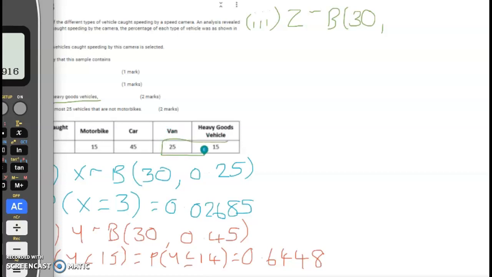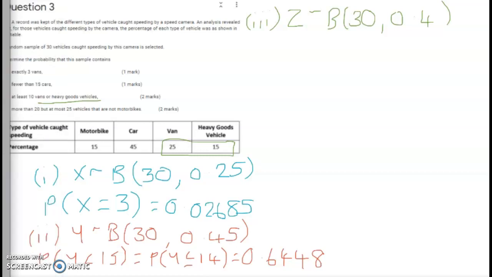So 0.25 and 0.15 make 0.4 or 0.40. The question is asking for at least 10, so the probability X is greater than or equal to 10, and as I can't do greater than or equal to, I need to do 1 minus what I don't want, which is less than or equal to 9.